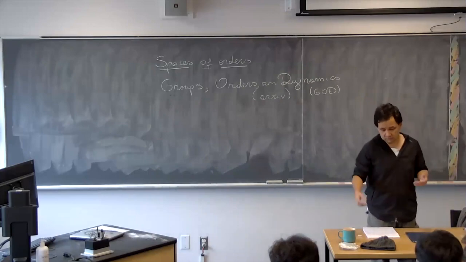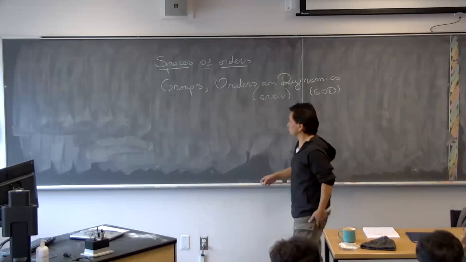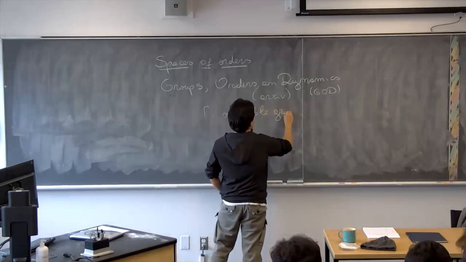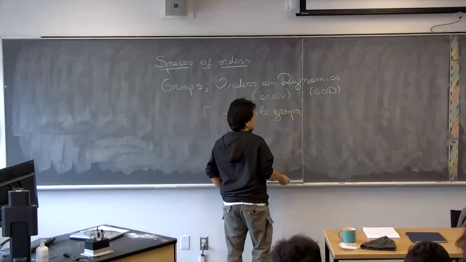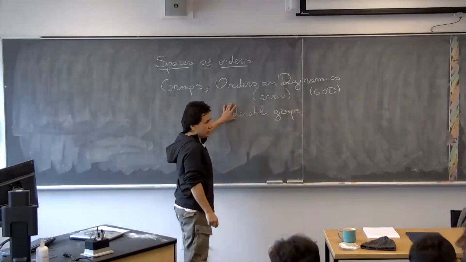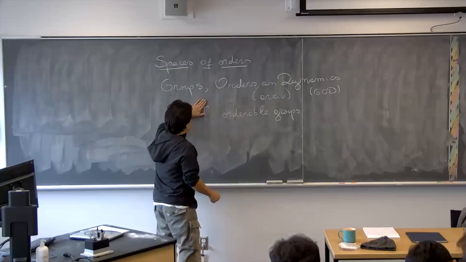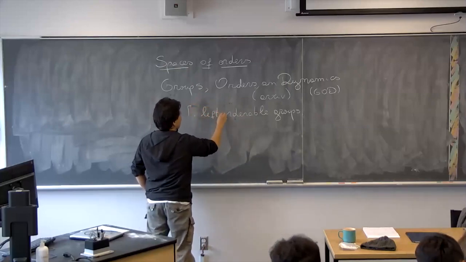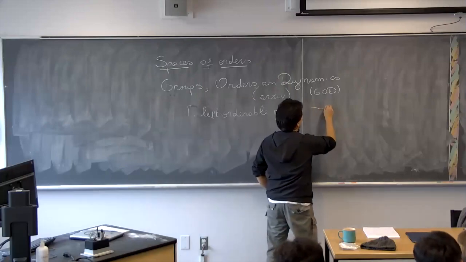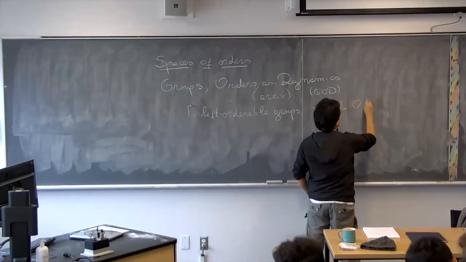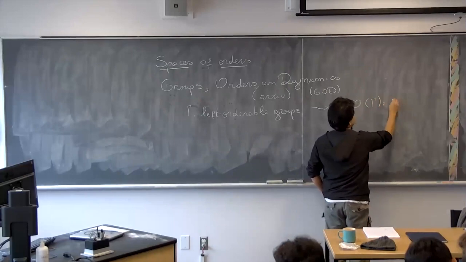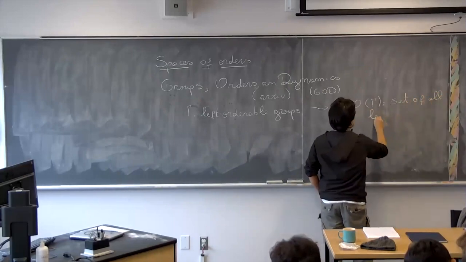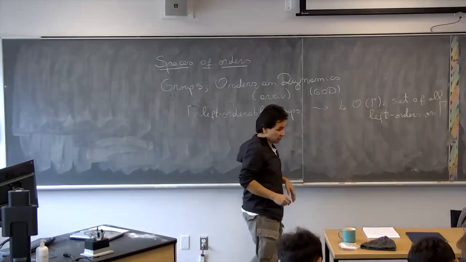What's natural is to put all the orders in a space, and for the moment, this space will be only a set. So if you have a left orderable group, let's denote the space of left orders by LO. This is the set of left orders. For the moment, this is just a set.